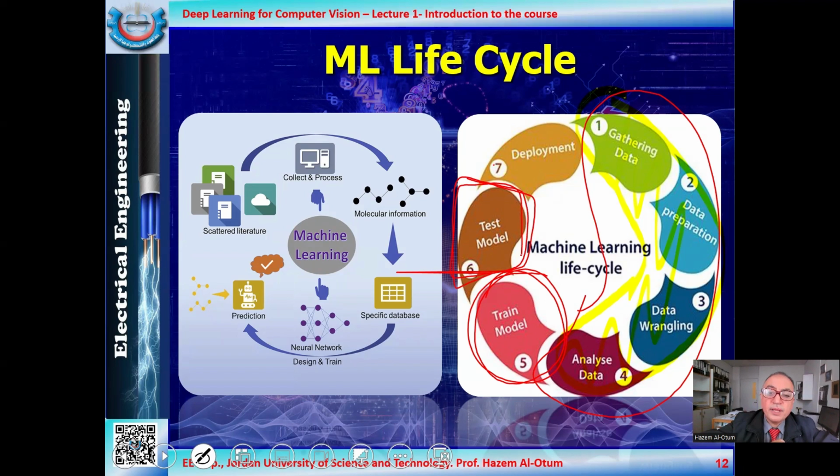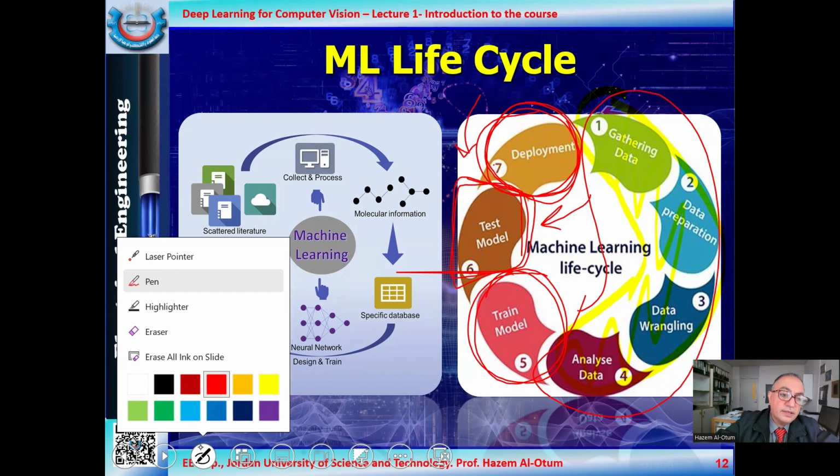We test the model by applying external data from outside the data we already gathered. When we are sure things are okay, we go to the deployment stage, where we provide the software or system at a commercial level and propose that it can be used by others very safely.